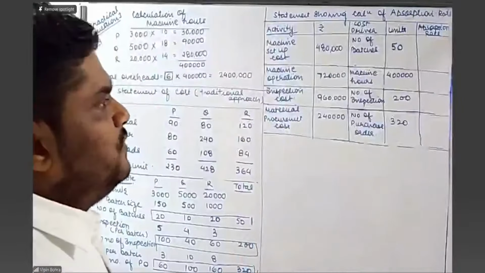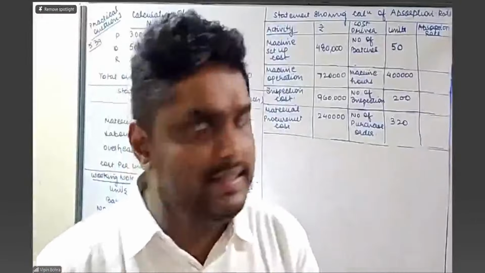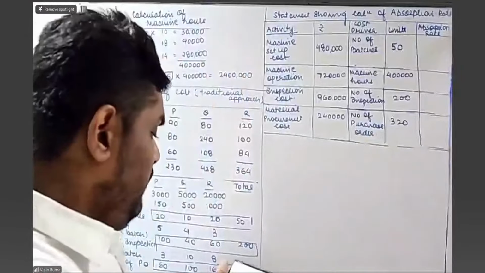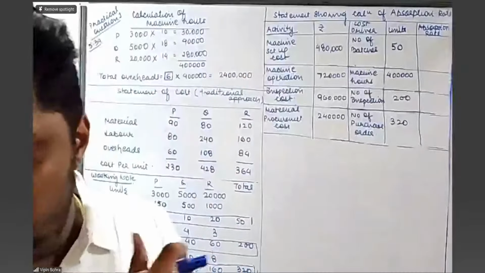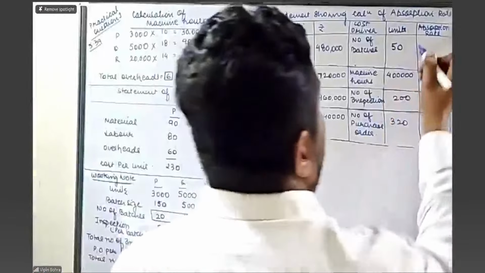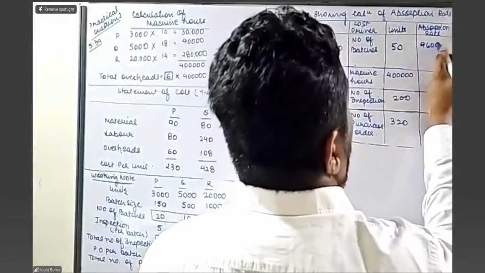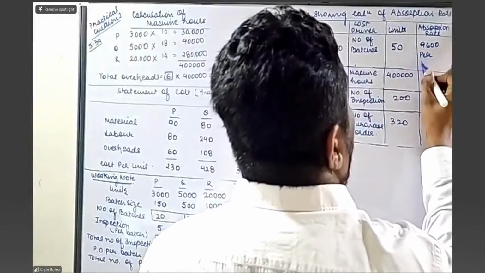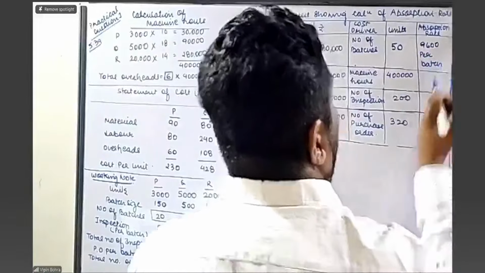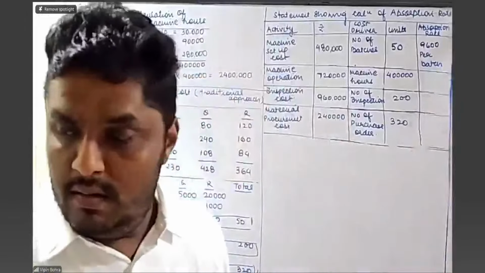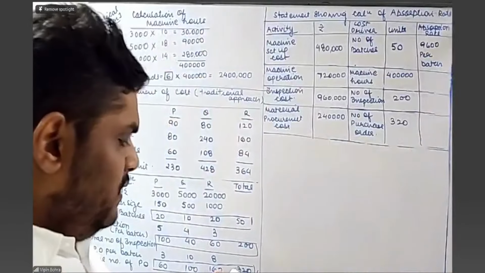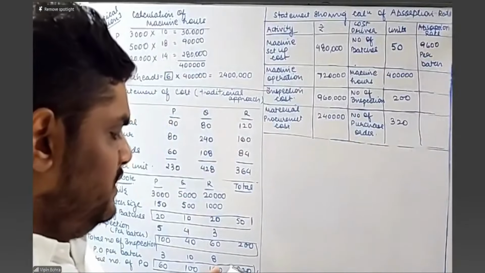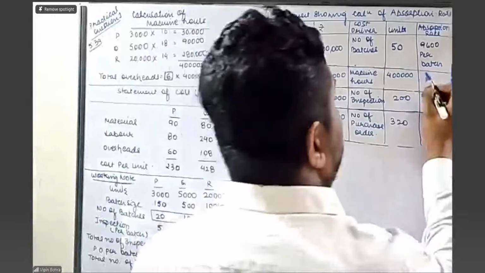Okay, so let's proceed further now. Let's calculate the absorption rate. The entire data is ready. 4,80,000 divided by 50. So this will be 9,600 per batch. Next is 7,20,000 divided by 4 lakhs. So this will be 1.8 per machine hour.